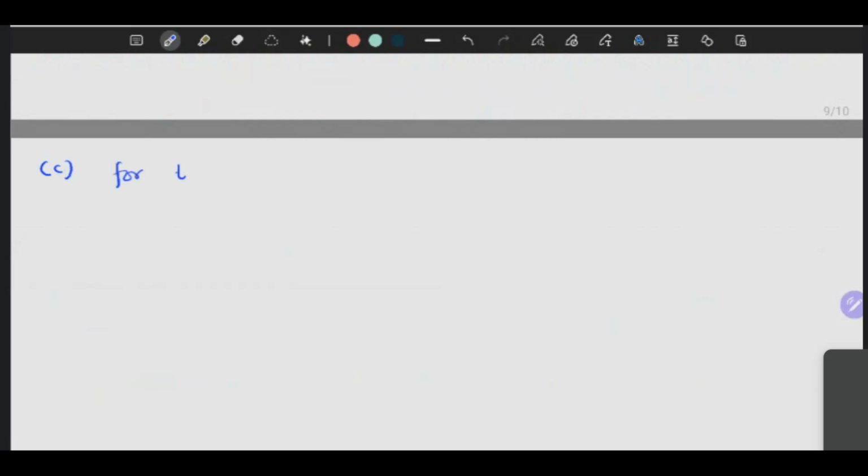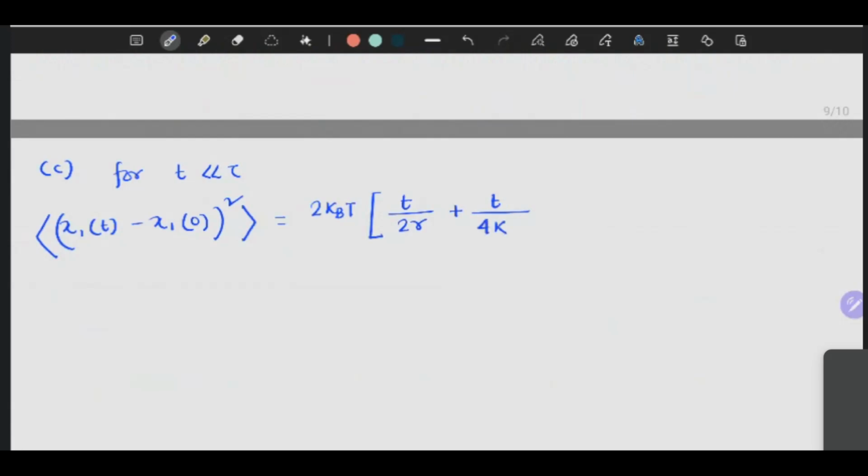For t very much less than tau, <(x1(t) minus x1(0))^2> becomes 2 kBT times [t/2 gamma plus t/4k tau].